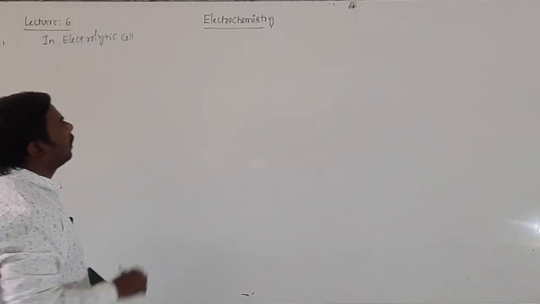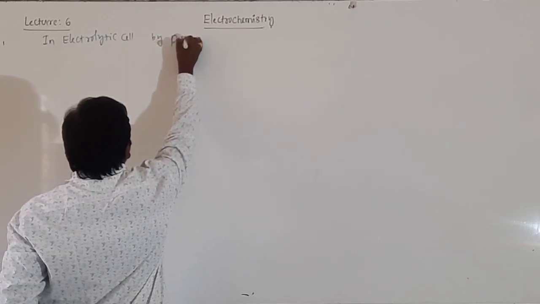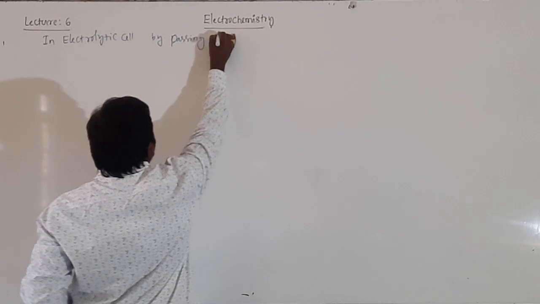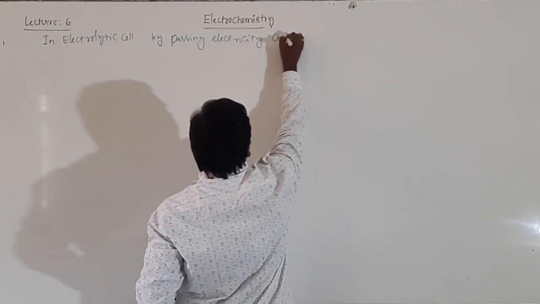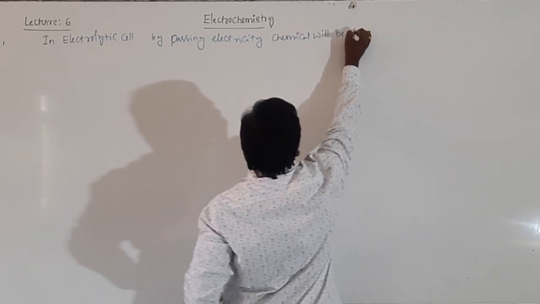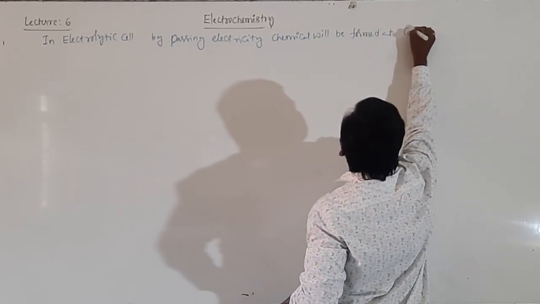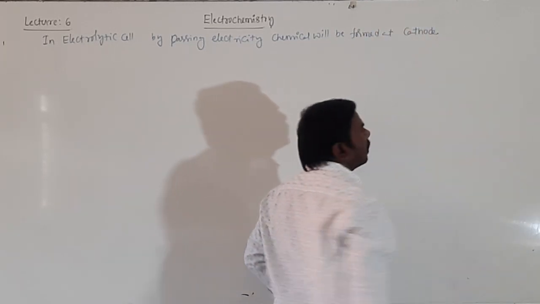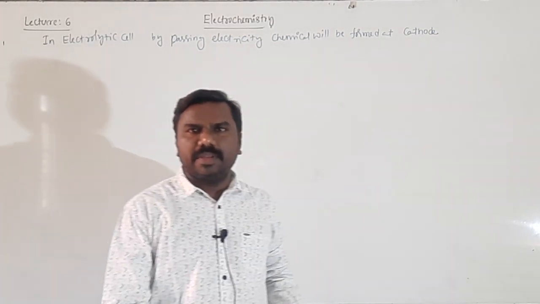By passing electricity, chemicals will be formed at the cathode especially. It means cathode means deposition, anode means dissolution, very, very important.